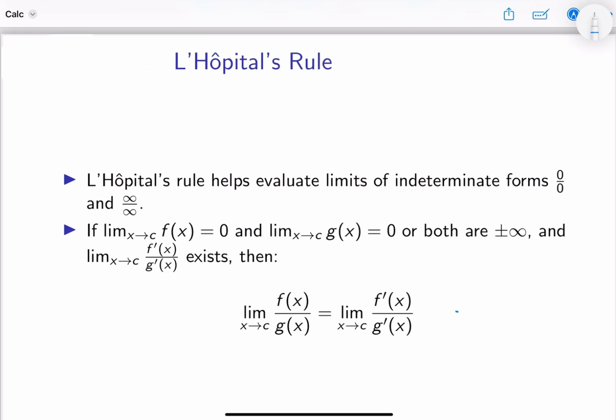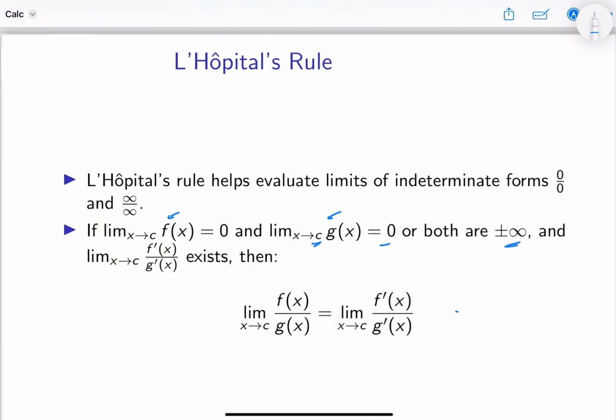Let me remind you, first of all, that L'Hopital's rule states that if you're interested in the limit of a rational function, a function over a function, where the limit of f of x and the limit of g of x as x goes to c exist and are both equal to 0, or both equal to infinity.